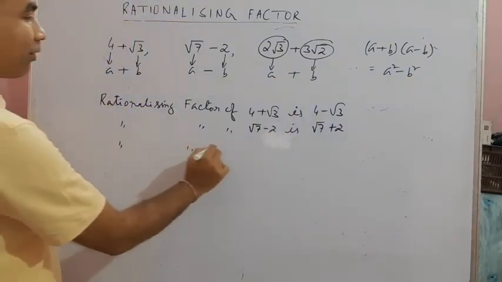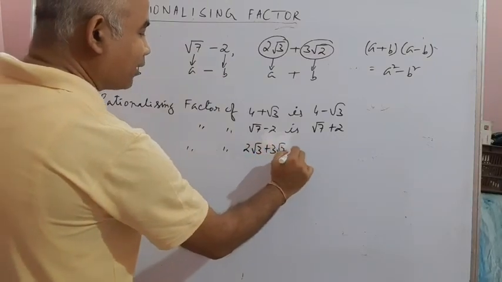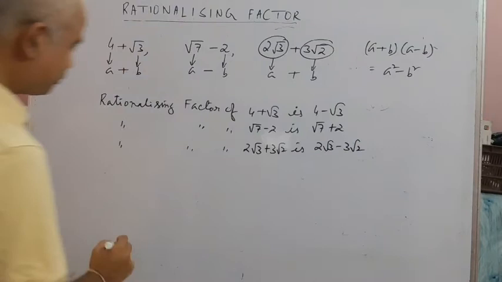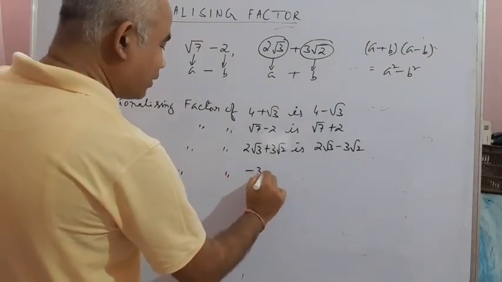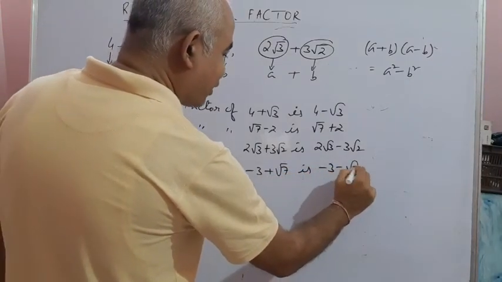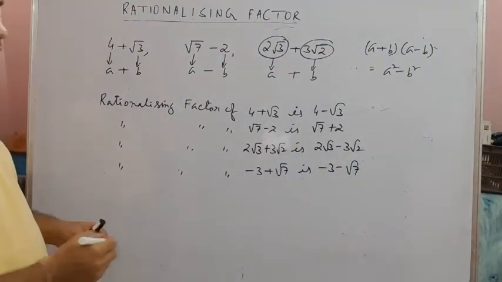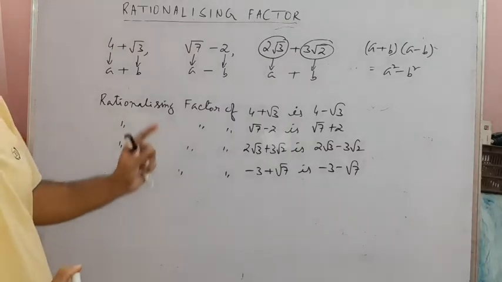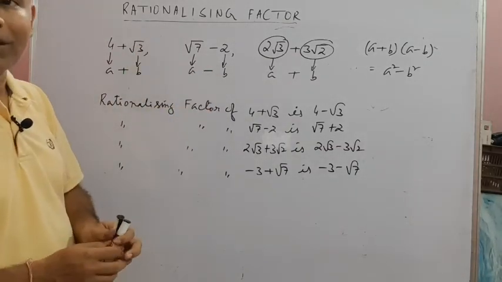Rationalizing factor of 2 root 3 plus 3 root 2 is 2 root 3 minus 3 root 2. Rationalizing factor of minus 3 plus root 7 is minus 3 minus root 7. Only I have to change the sign of the second term. First term will remain the same. So this is the rationalizing factor of an irrational number of this form.